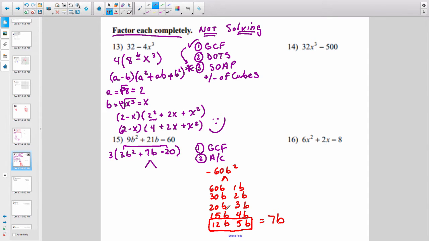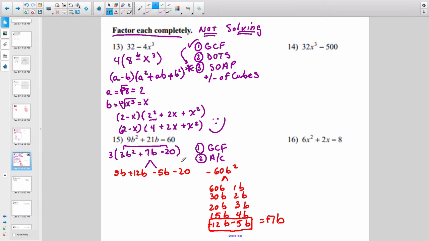And if it has to add up to positive 7, I'm going to say positive 12 minus 5. So now you rewrite this as follows: 3b squared plus 12b minus 5b minus 20.